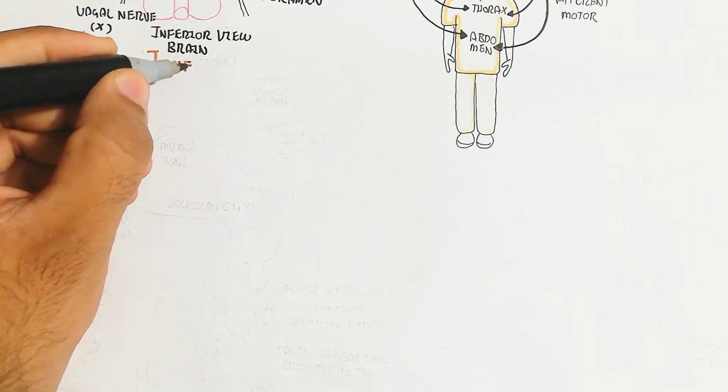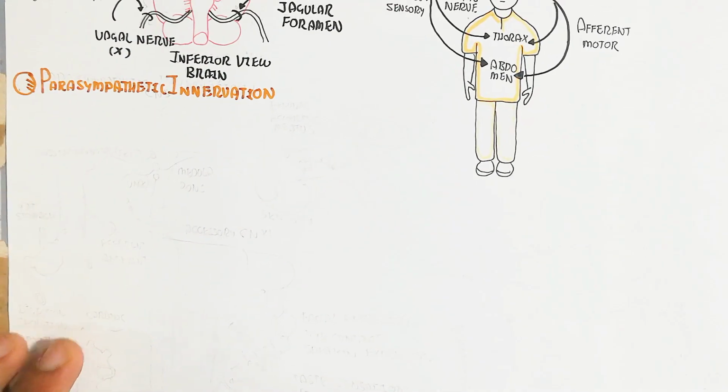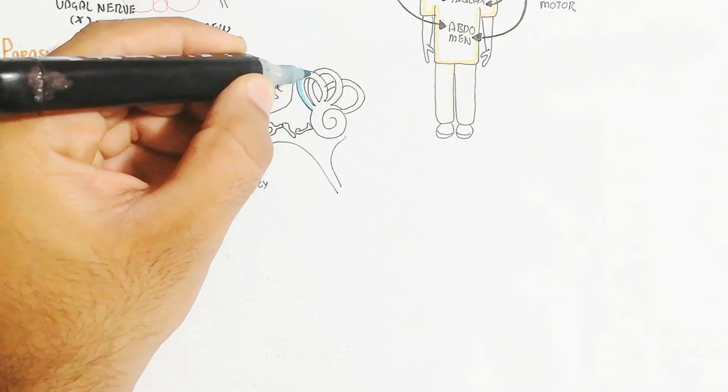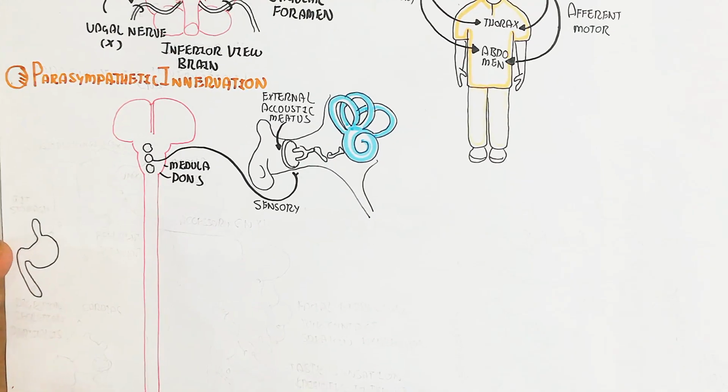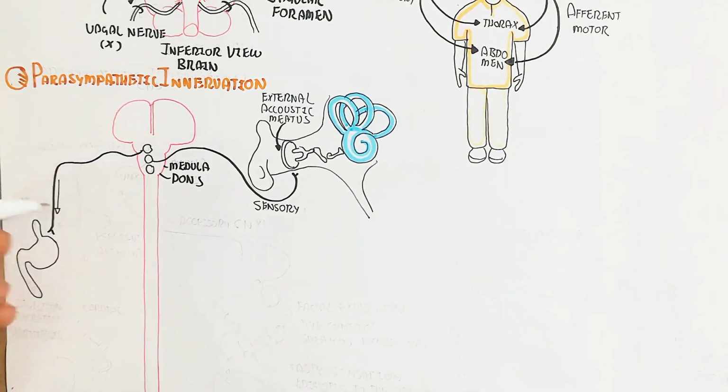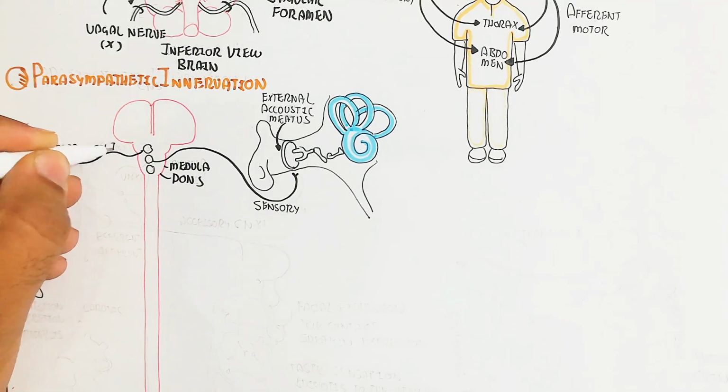We will understand the parasympathetic innervation in this video and also the sympathetic, but because 80% is afferent, we will focus on the afferent cranial nerves, from the CNS to the periphery.